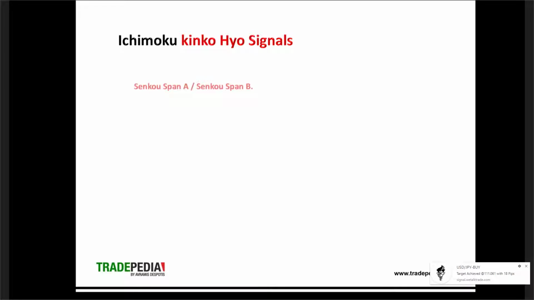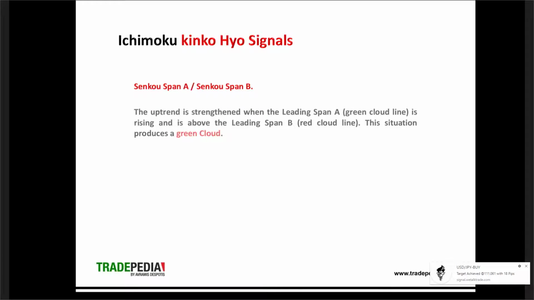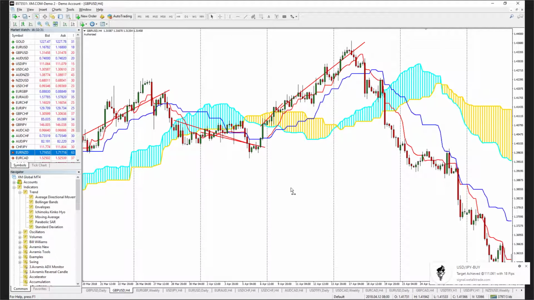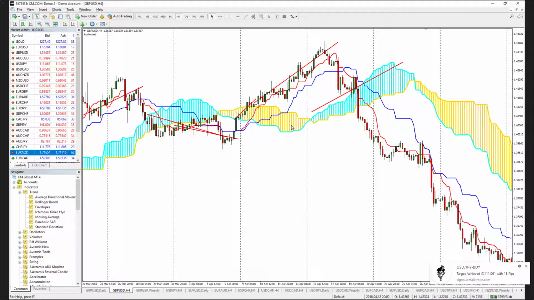The second way is based on the color of the Kumo, as we saw, yes? So the uptrend is strengthened when leading span A goes above leading span B, and this produces a green or bullish Kumo. So the uptrend is strengthened when the Kumo also turns a bullish color, in my case, the blue color.